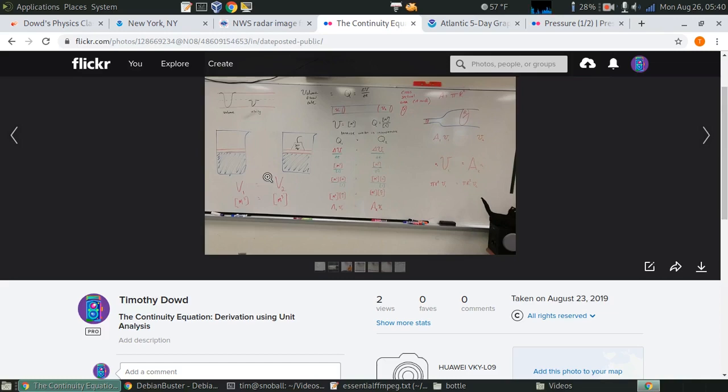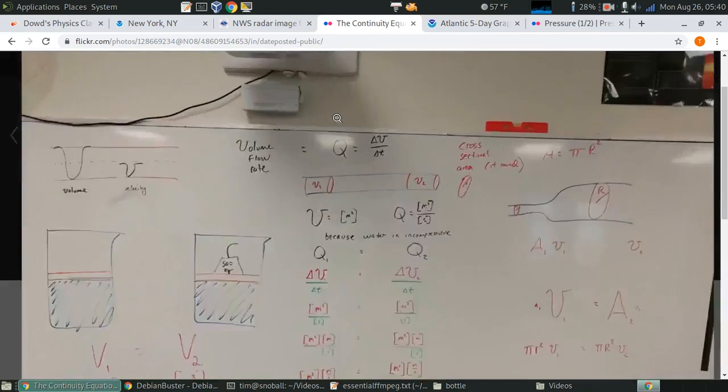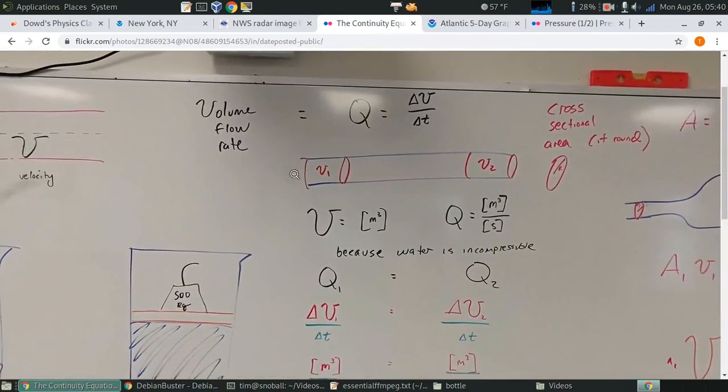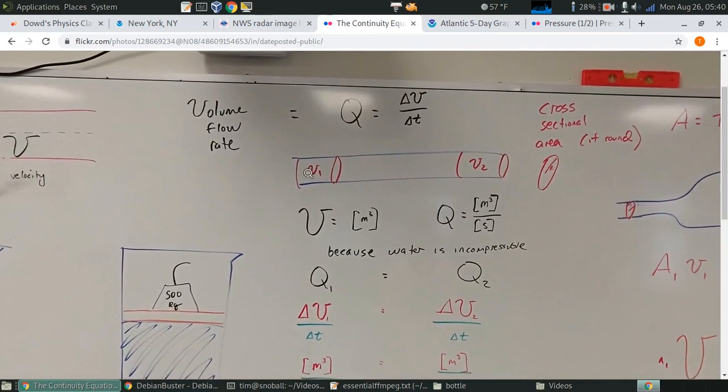So hopefully we agree now that water is incompressible, and it's because of the forces that water molecules put on each other. If I put a heavy weight on a plunger on top of a volume of water, the volume's not going to change because the water molecules are not going to allow themselves to be pushed together. Now imagine I'm putting that water into a pipe. I'm going to put a certain volume per second at this end.